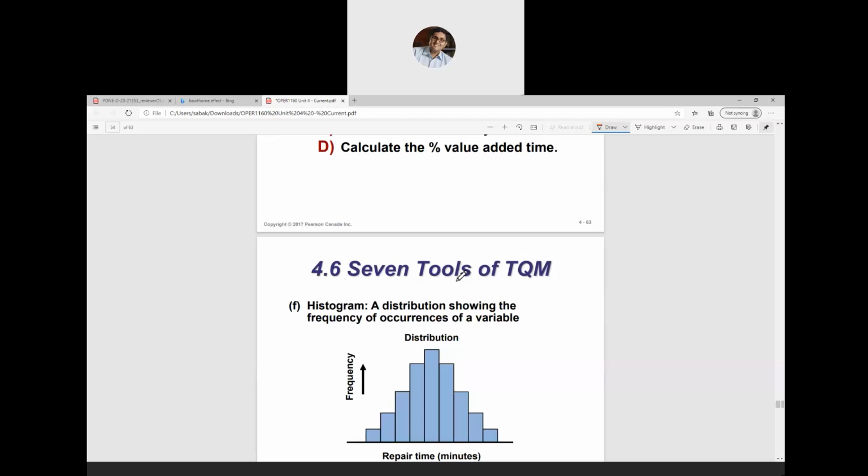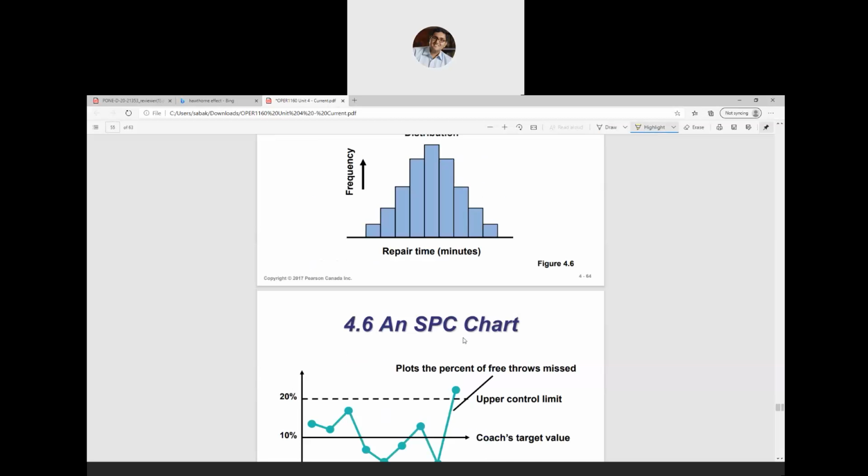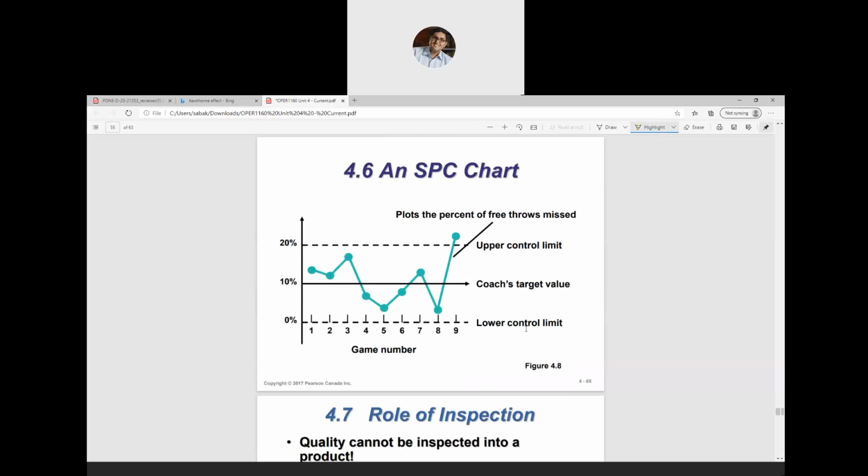Now these are the three tools, as I said: the Pareto analysis, the cause effect analysis, as well as your value added time, this process map. These three things will be there for the midterm exam. And there are some more tools called the histogram.